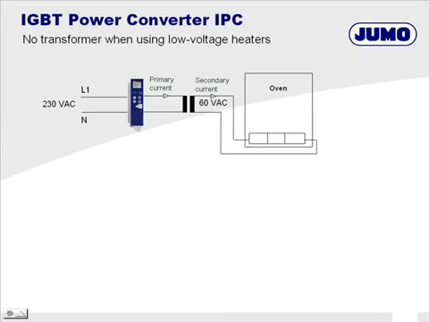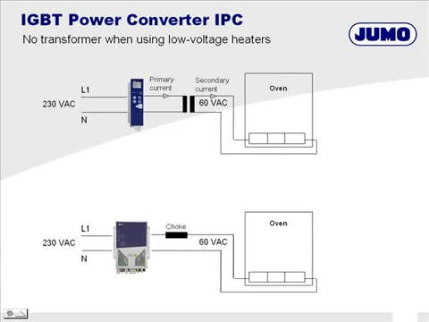When using low voltage heaters, a transformer is necessary for conventional applications. Due to the amplitude control, the IPC has the same function as an electronic transformer and generates a pulse DC voltage. An external transformer is not necessary, so you have no procurement and logistic costs.